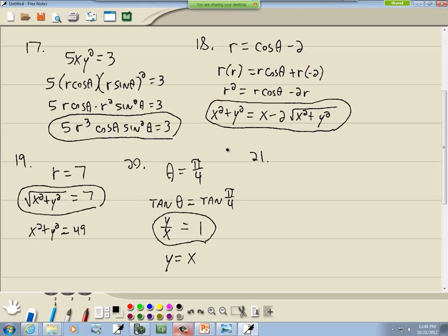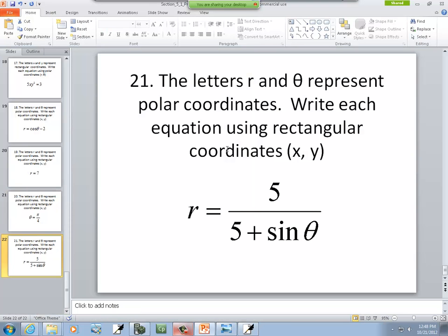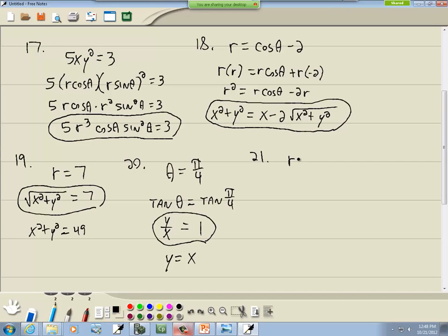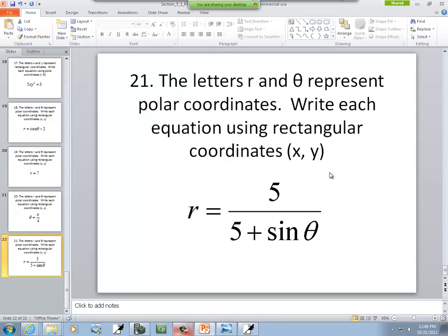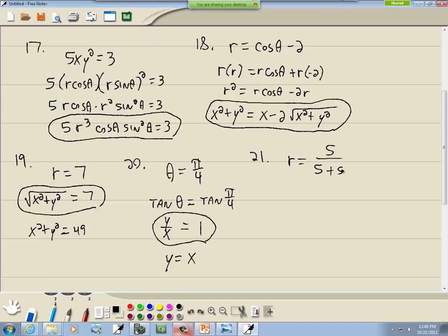And our last problem. r is equal to 5 over 5 plus sine theta. Well, I can get rid of the fraction by multiplying both sides by 5 plus sine theta.